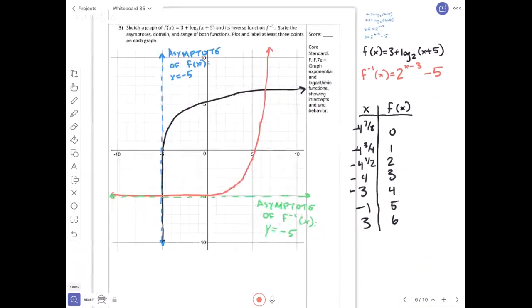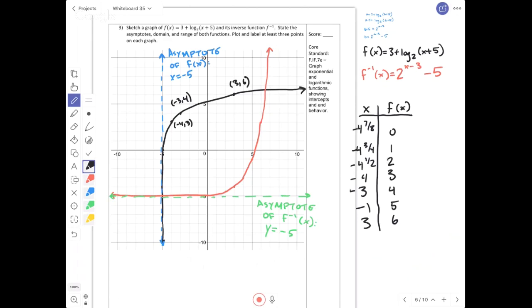And let's see, I'm going to plot and label at least 3 values on each graph. So on the graph of the original, I'm plotting negative 4, 3. And I'm plotting negative 3, 4. And I'm plotting, how about 3, 6?